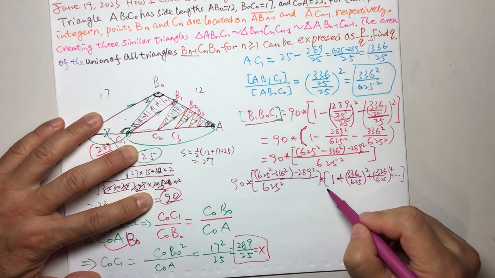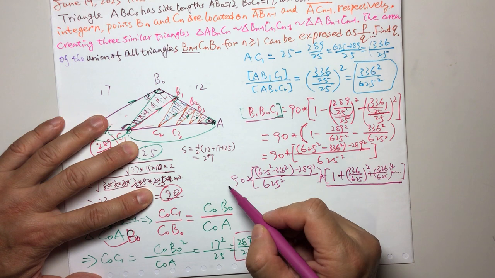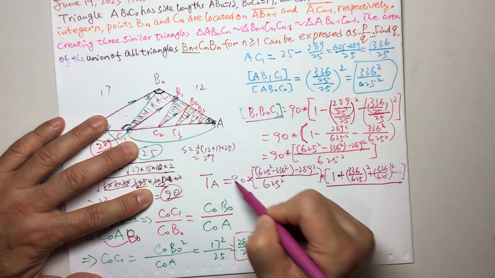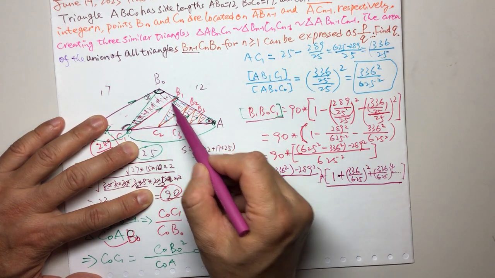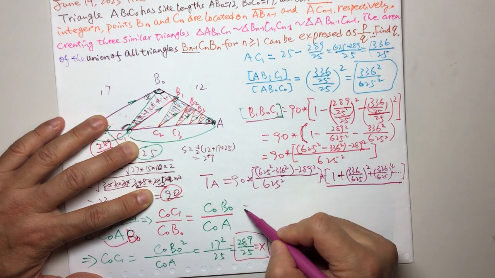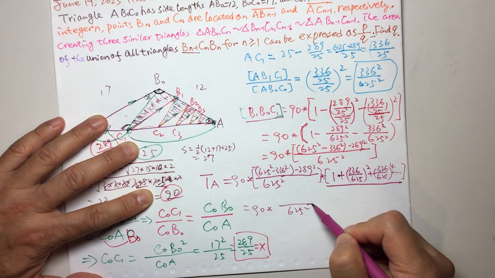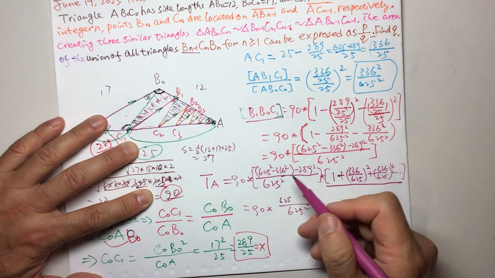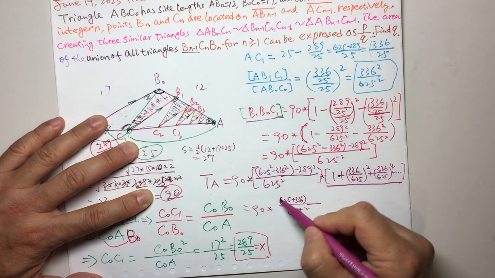We know the sum of this geometric sequence, right? So the total area equals this one. I mean, that's what we want to know. All of this small shaded area is like this way. We can use 90 times 625 plus, right?